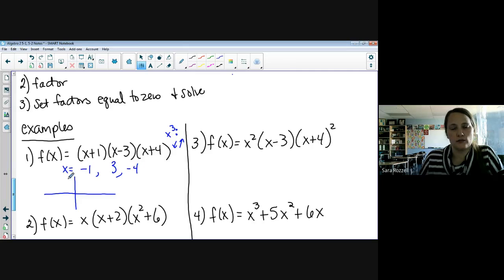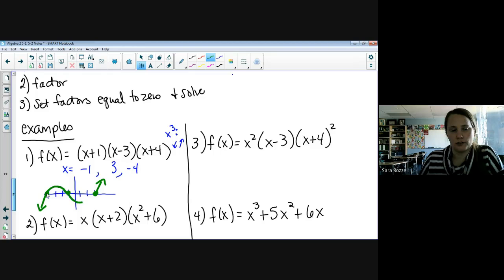These are the 3 places where our graph crosses the x-axis. So we cross at negative 4, negative 1, and 3. Our arrows tell us that we start down, finish up, and to connect, you just slowly go through, make your curves in between your graphs.